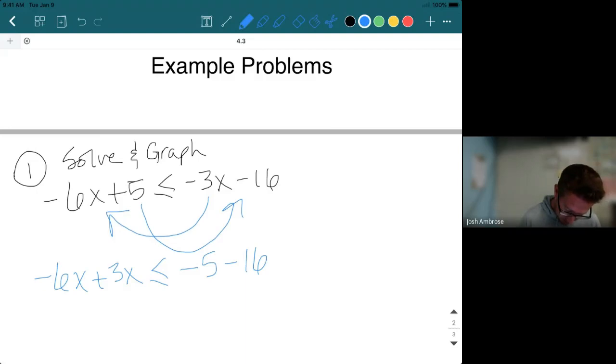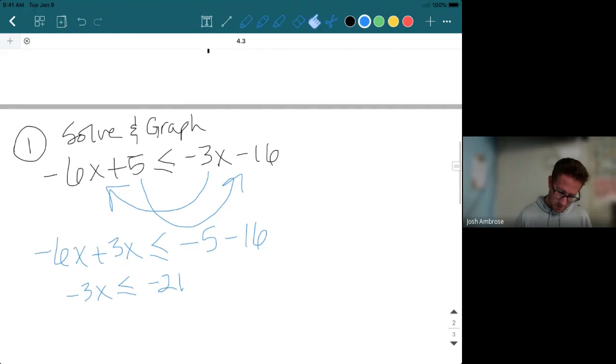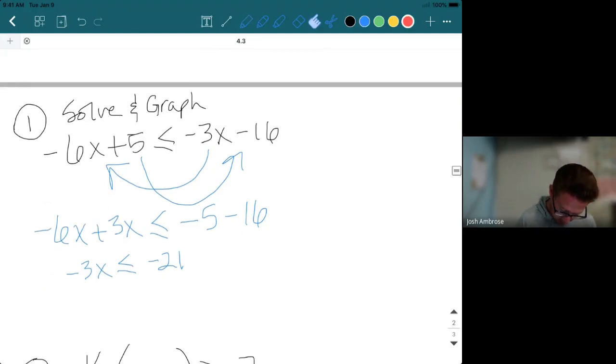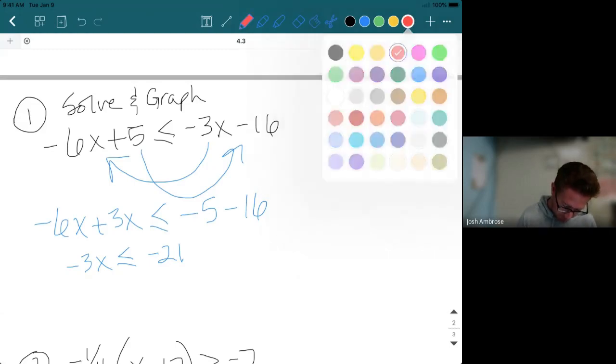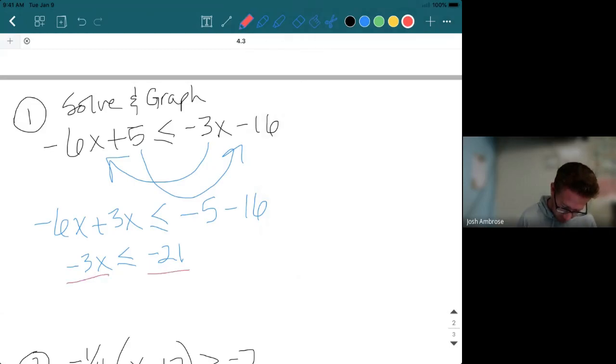These guys with the x values, we are going to have a negative 3x less than or equal now to negative 21. Then we are almost done here. Let's now divide both sides by that negative 3, so that will isolate the variable.